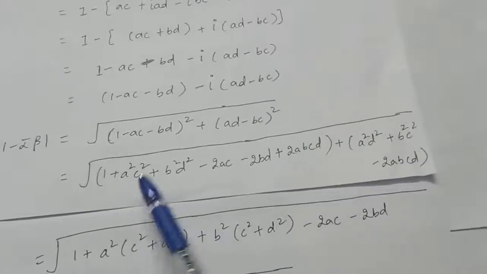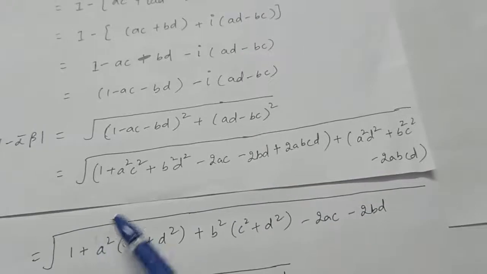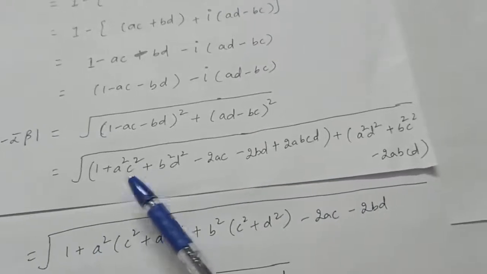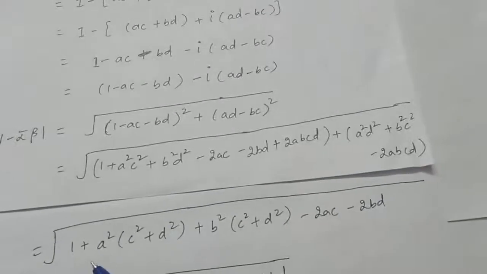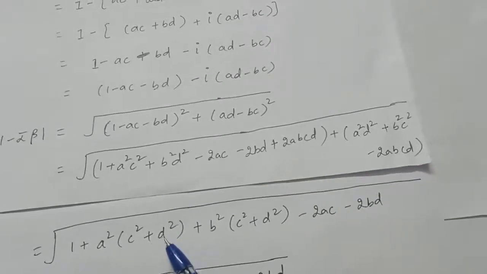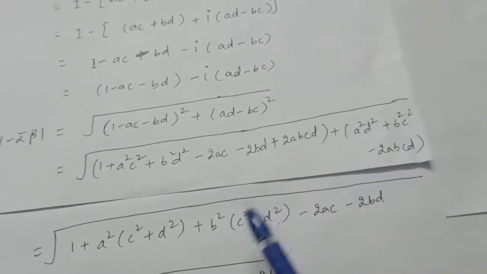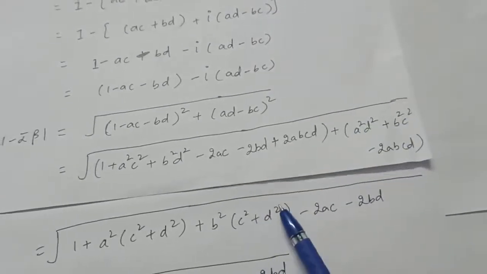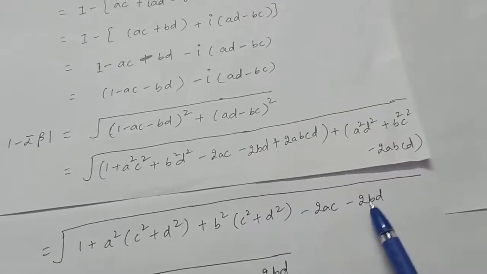So in the next step, see, 1 is as it is inside the root. Now this is a square c square and this is a square d square. So take out a square common, you will get c square plus d square. Similarly, from this and this term, take out b square common, you will get c square plus d square, minus 2ac minus 2bd as it is.